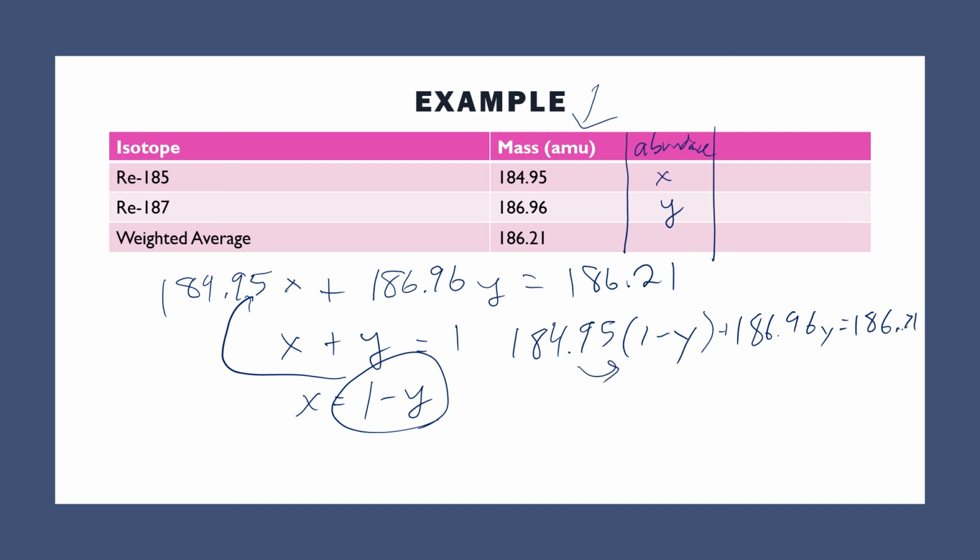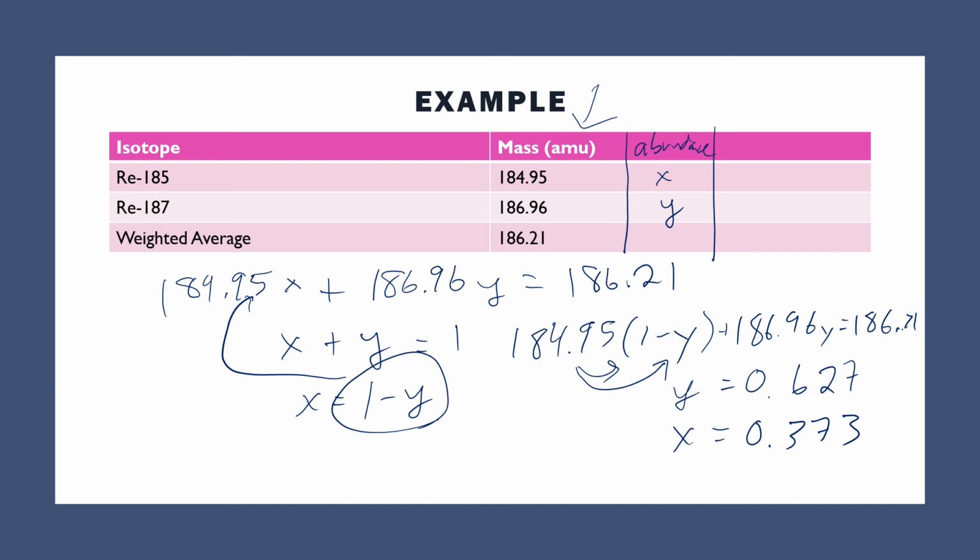Then you would need to distribute and solve for Y. And you would get that Y is equal to 0.627. And since X plus Y equals 1, you can then solve for X, so 1 minus 0.627. X is equal to 0.373, which makes sense because then they add up to 1.